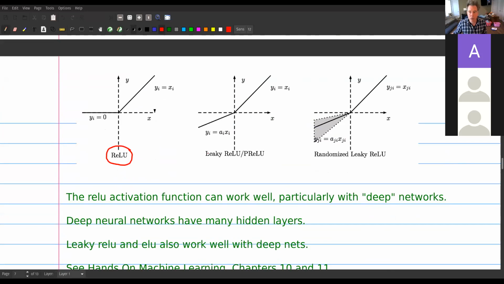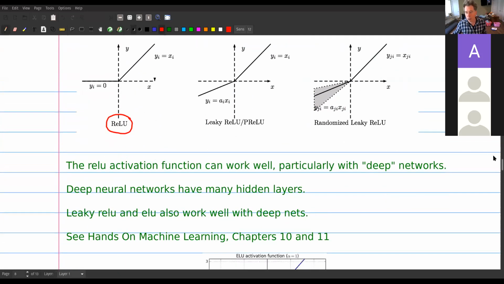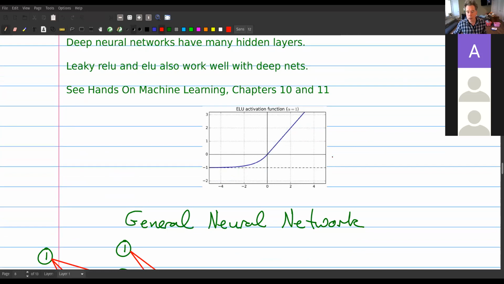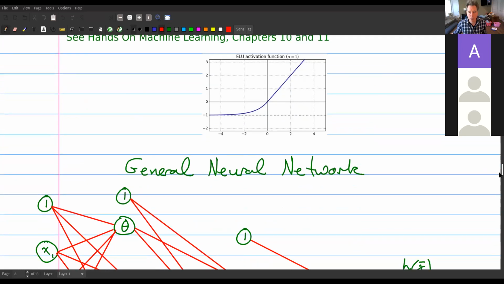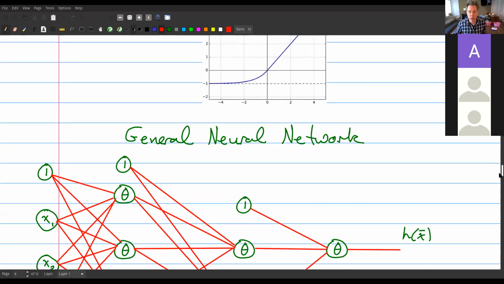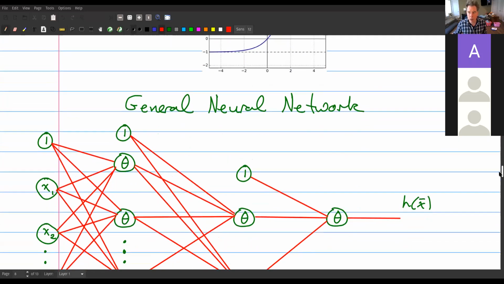These activation functions are designed to make that less likely to occur. These are variations on ReLU, and there's one that's basically ReLU, except it's completely differentiable. It's called ELU. You can read about these things online. Maybe we'll play with those a little later just to see if they work better than hyperbolic tangent, if we have time.